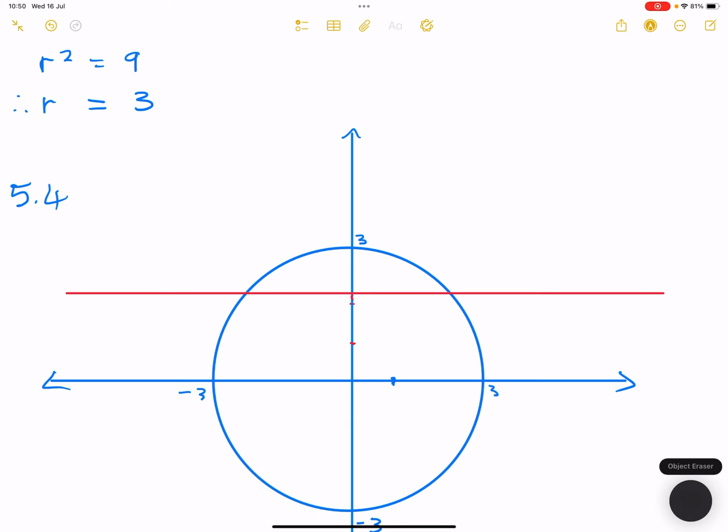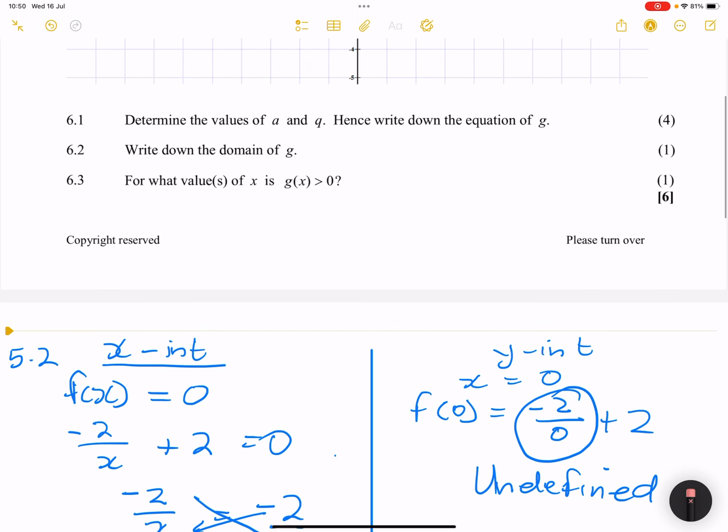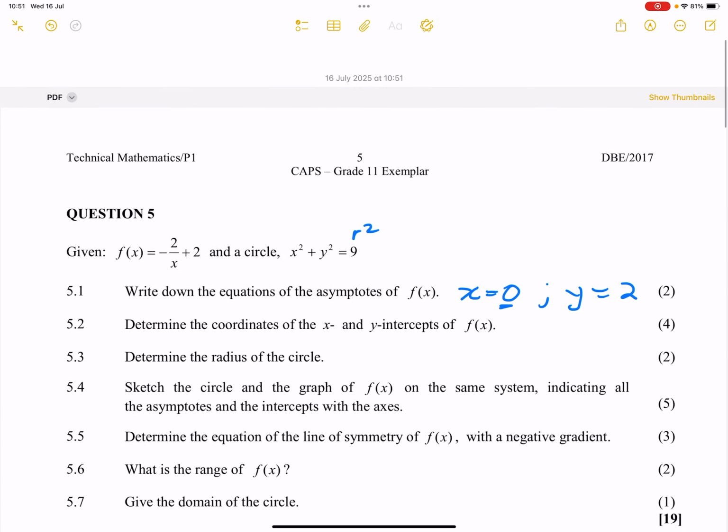Oh, and by the way, sorry about that. I forgot to mention, our a value is negative.